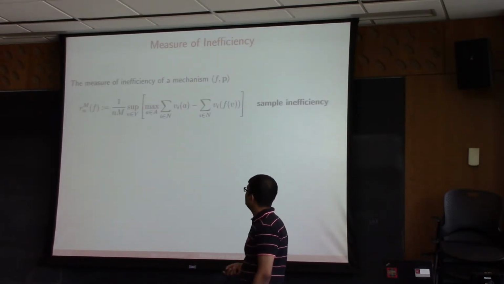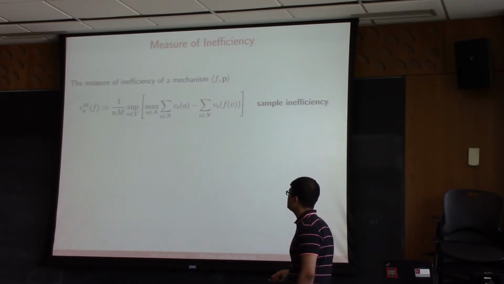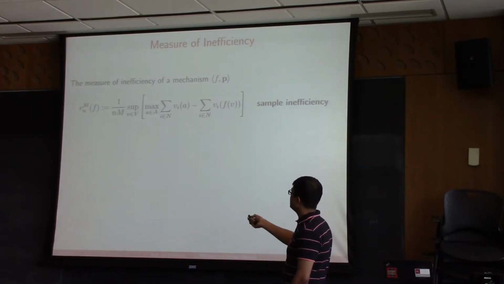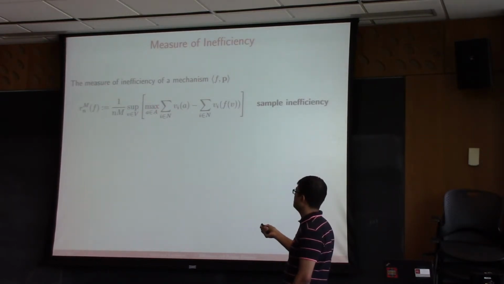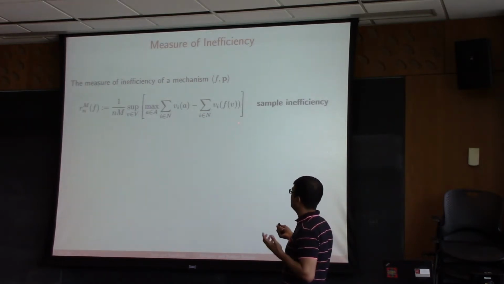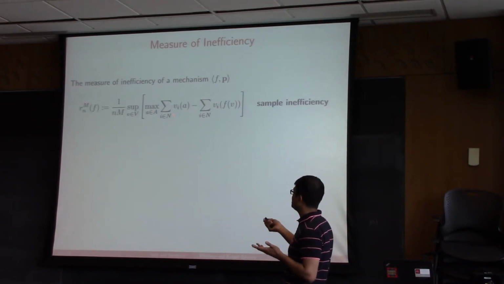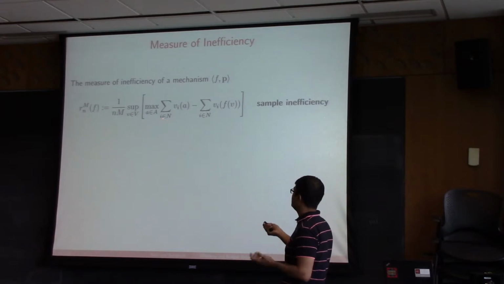The metric that we'll be using for measuring this inefficiency is that of sample inefficiency. Note that the first number here is the maximum social welfare that you can achieve, the optimal thing that we want to achieve. But because we cannot have a mechanism which is both budget balanced and strategy-proof and can achieve this one, possibly I have a mechanism which is budget balanced but does not achieve the optimal social welfare. So there is a difference.